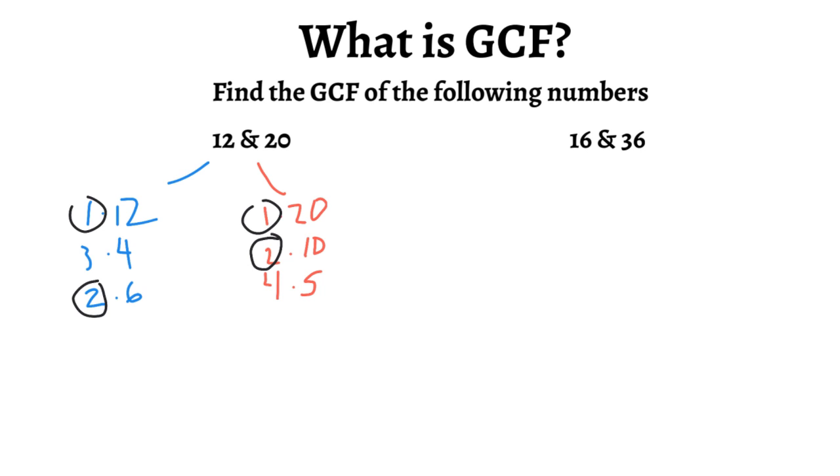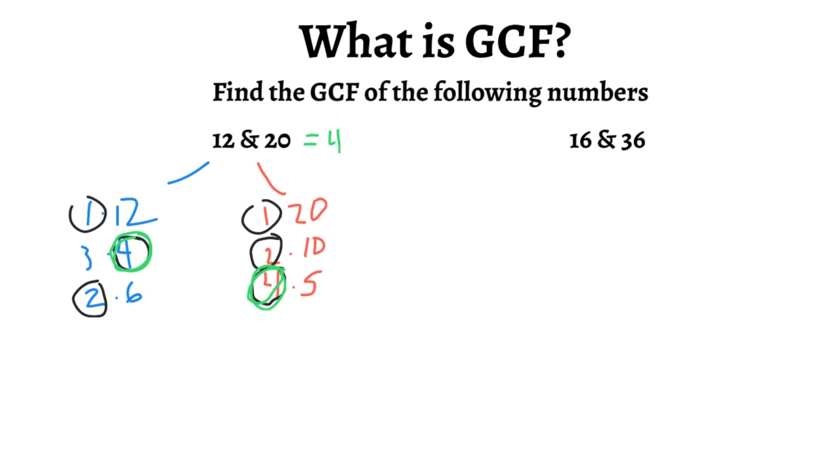And they're both divisible by 4. Those are all the common factors. Which one of these is their greatest common factor? That's right, the 4. The 4 is divisible into both, and it's also the greatest number. So the GCF of 12 and 20 is 4.